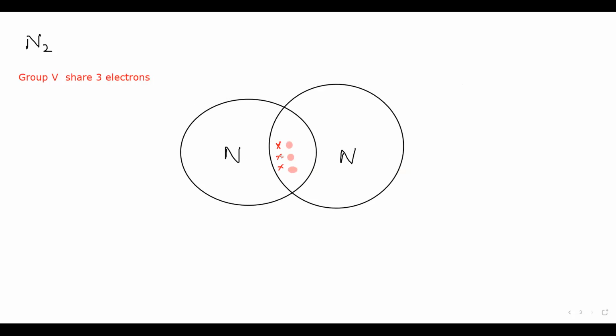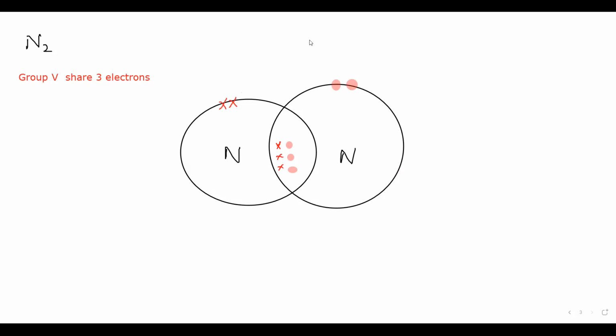So this nitrogen used 3 electrons. How many are left which will not be shared? Nitrogen belongs to group 5, so it is sharing 3 electrons. Out of 5, it shared 3, so 2 will remain. And same thing, 2 will remain on the other one. So this is the structure of the nitrogen molecule.